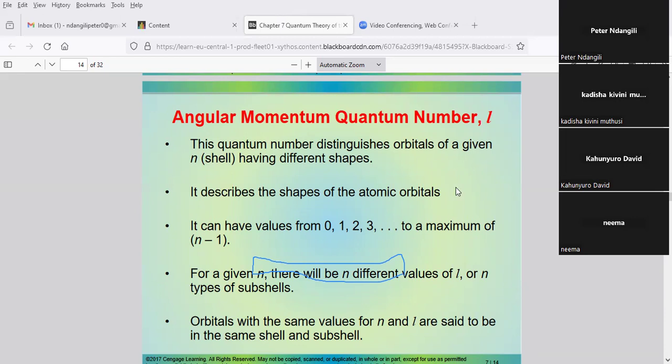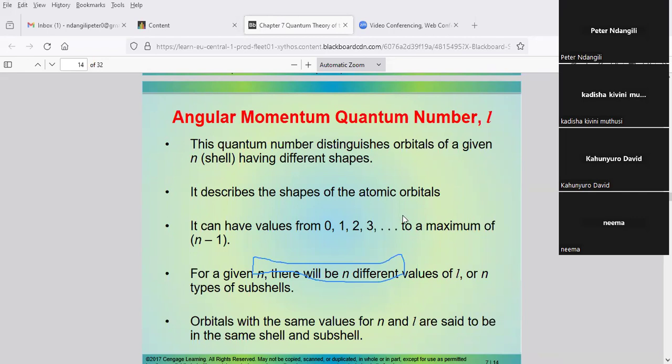Now, for those values of L, if the value of L is 0, then we use the symbol s, so that we can say that is an s orbital. When the value of L is 1, we designate it by a small p, and therefore we call it a p orbital. When the value of L is 2, we designate it by a small d, and we call it a d orbital.